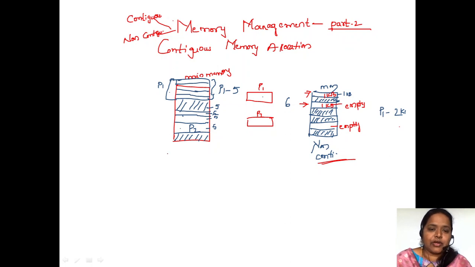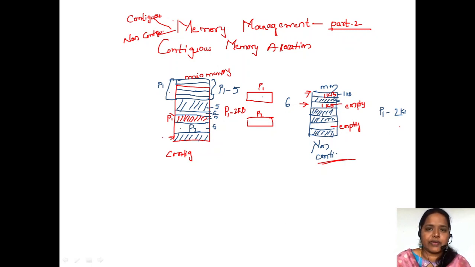Whereas in contiguous memory allocation, we shouldn't do it like this. If P1 needs 2 KB of space, it will search for where 2 KB of space is available continuously. The whole thing should be allocated to P1 only. We shouldn't allocate 1 KB here and another KB in some other space.